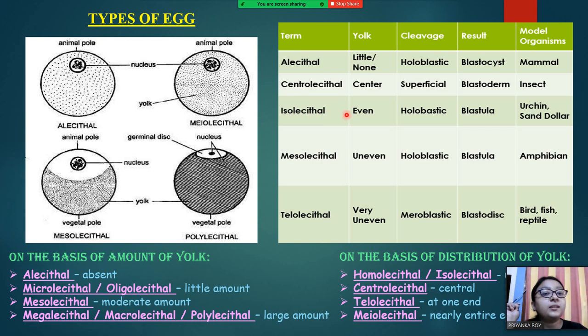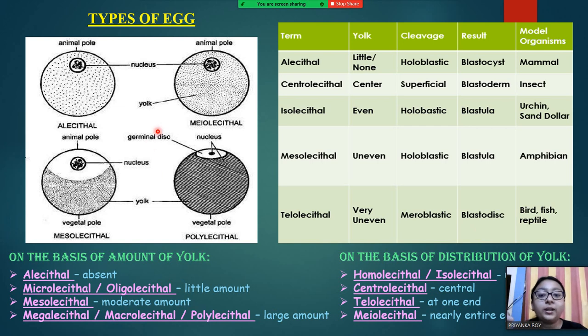In case of isolecithal, the yolk is evenly distributed throughout the egg. Then it is known as a blastula, and it is seen in sea urchin. Mesolecithal, also the same thing, is seen in amphibians. And in case of telolecithal, the blastodisc will be formed.